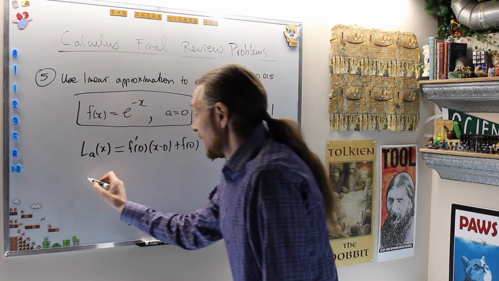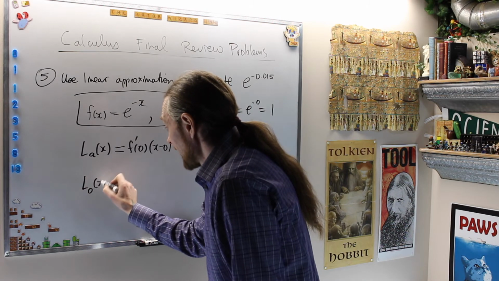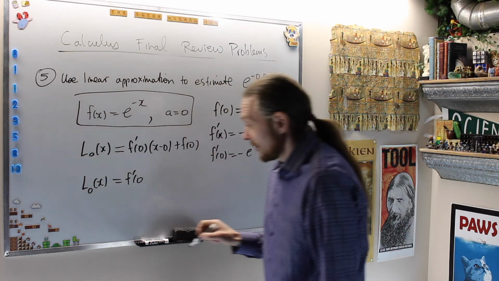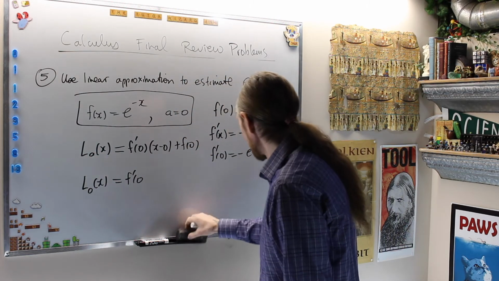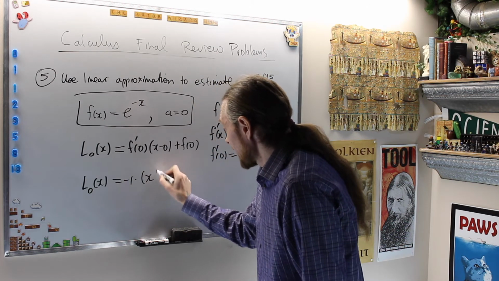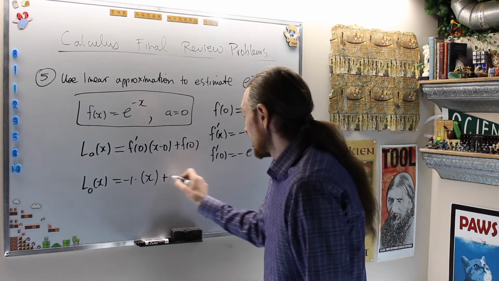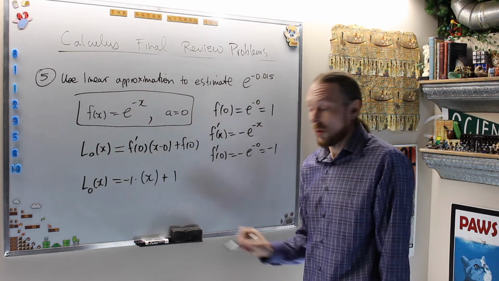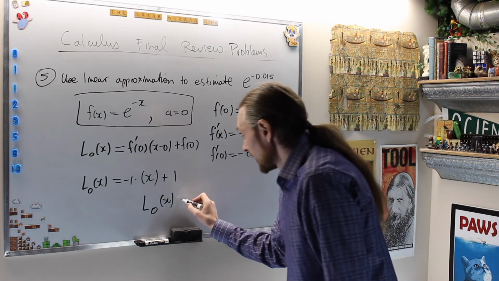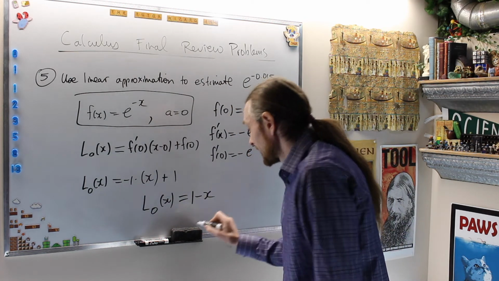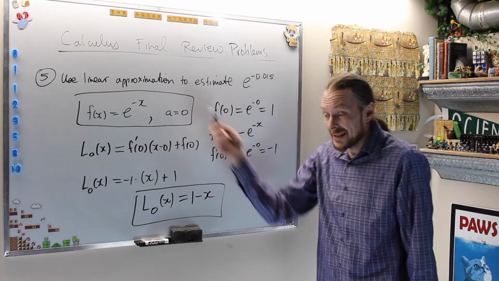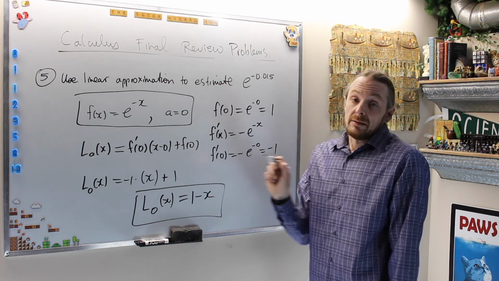This gives us L0 of x equals f prime of 0, a is 0, which is -1 times (x minus 0) plus 1. So the linear approximation of e to the -x at 0 is equal to 1 minus x.